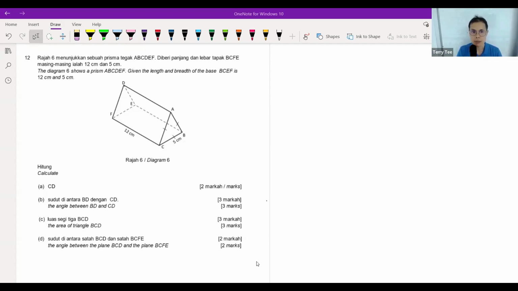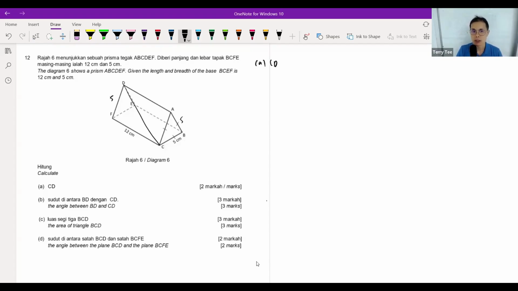We start by joining CD together. You can see that this is equilateral actually, so it's 5, 5, and 5. This side is also 5. If you want to find the length of CD, we can use a simple Pythagoras theorem.